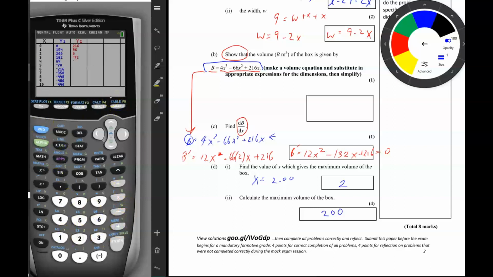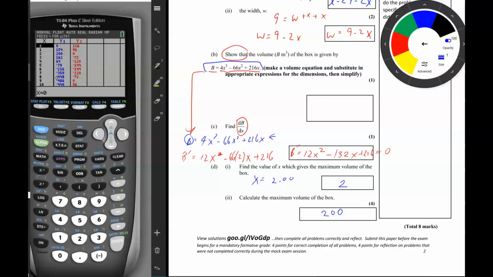I'm not going to look at the graph because that's confusing to look at these graphs. And look, what do you know? At 2, 200, the red value is 0 because that's a maximum. Now you see down here, there's also another 0. That's probably the minimum point. But negative 486 is not a valid volume, so we just ignore that. Okay. So that's part C.